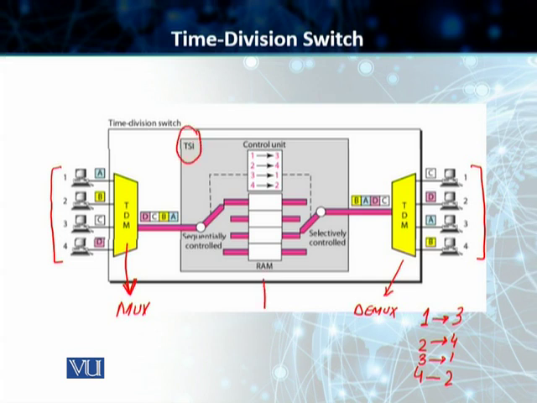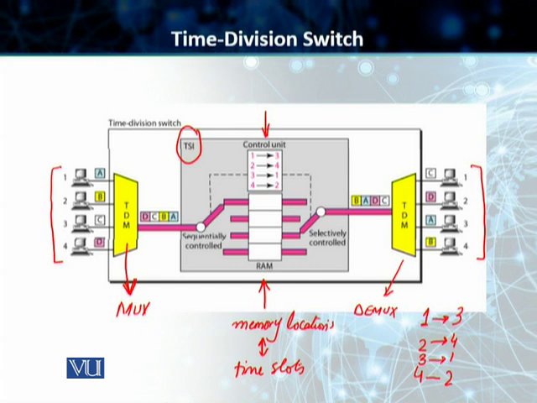It consists of a RAM, and there is a control unit. Students, the size of each location in this RAM is the same as the size of a single time slot. The number of memory locations is the same as the number of time slots.